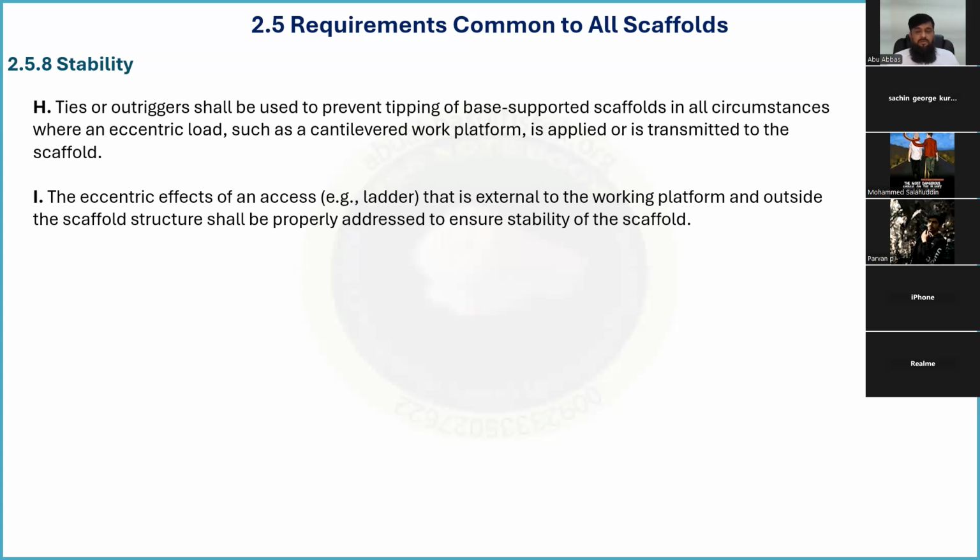So when an outside ladder is installed, we have to consider that load as well. Normally we put the ladder in the longer direction, either transverse or longitudinal. Mostly the longitudinal is more, so we have a little bit more stability.